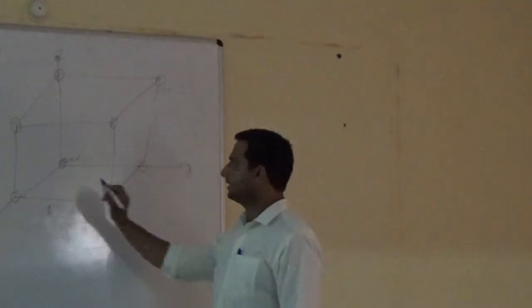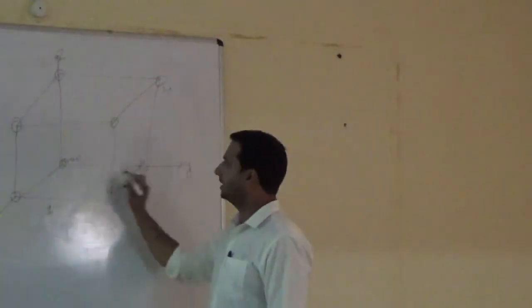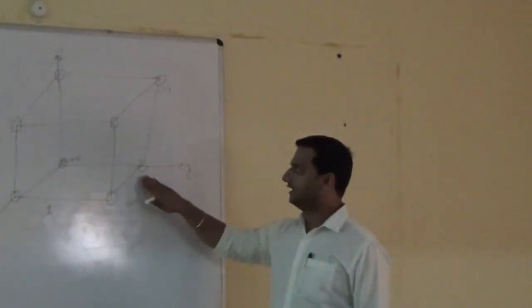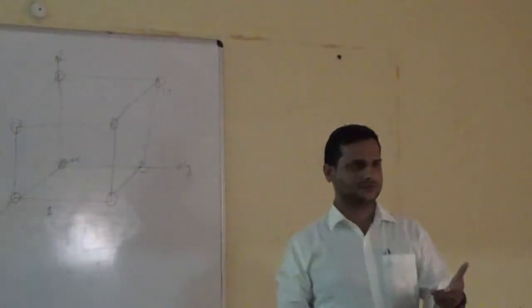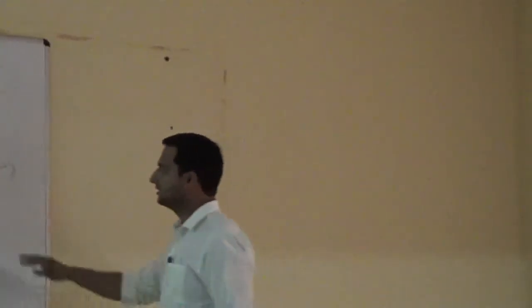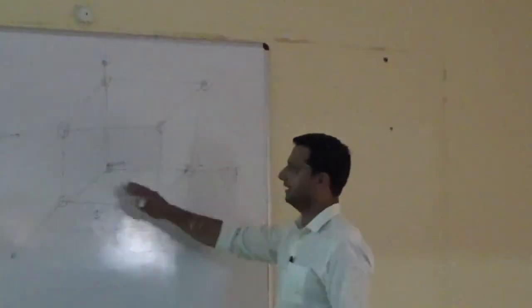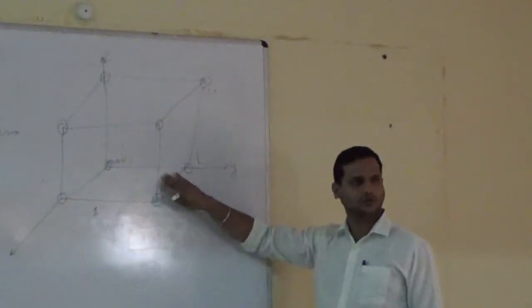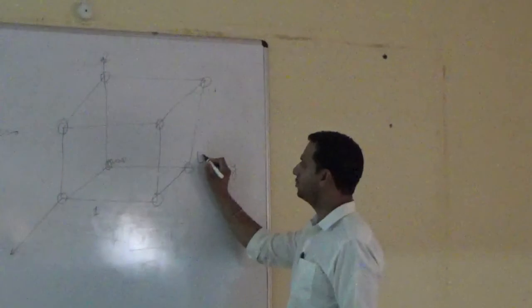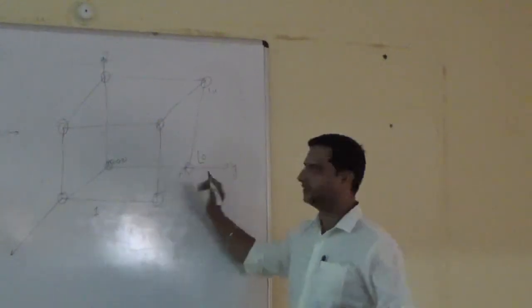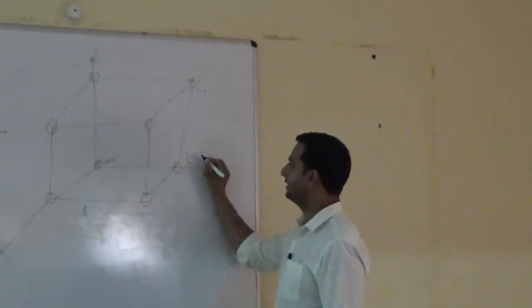Based upon this assumption, the indices mean the coordinates of this atom. How much? In the x direction we do not move, so that becomes 0, in the y direction 1 unit, and in the z direction again 0.